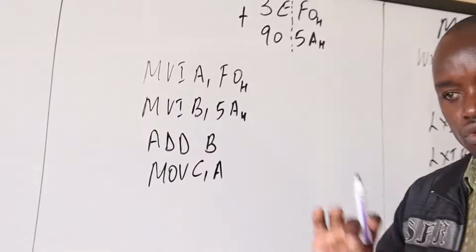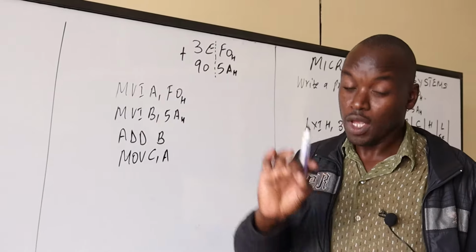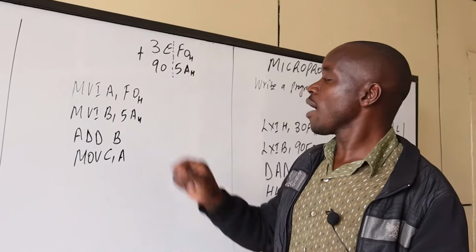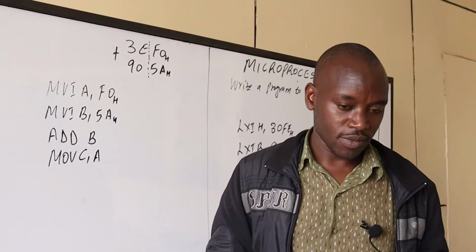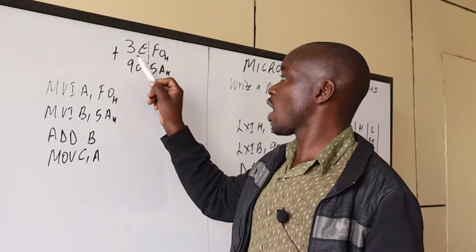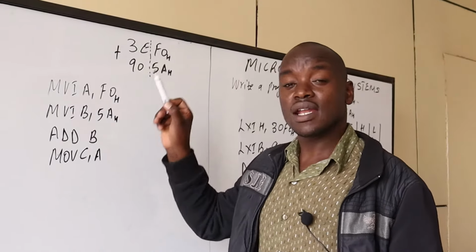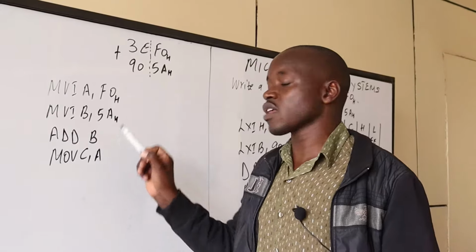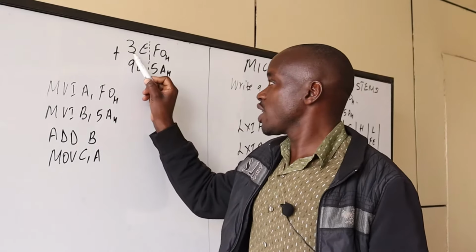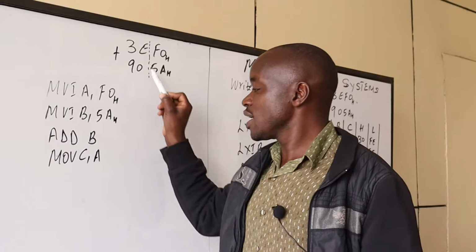Because the candidate should understand why we are copying. Reason being, the result of F0 plus 5A is in the accumulator, and the same accumulator is supposed to be used to add 3E and 90. So the only option is for us to save this result somewhere, so that now we use A to add 3E and 90.